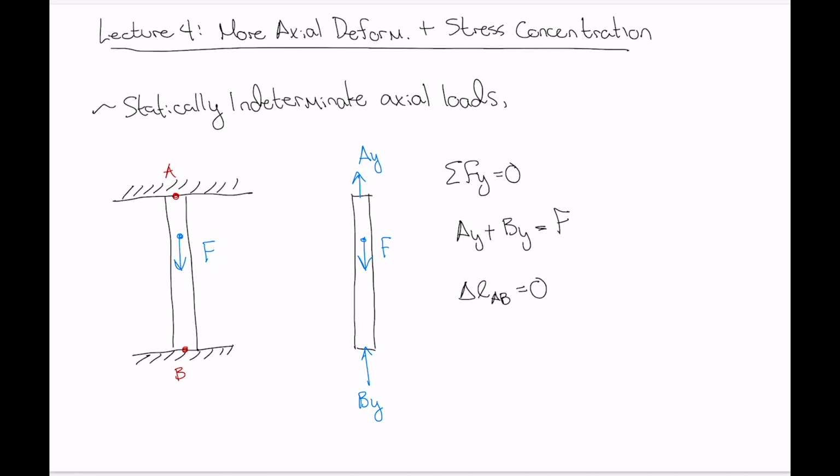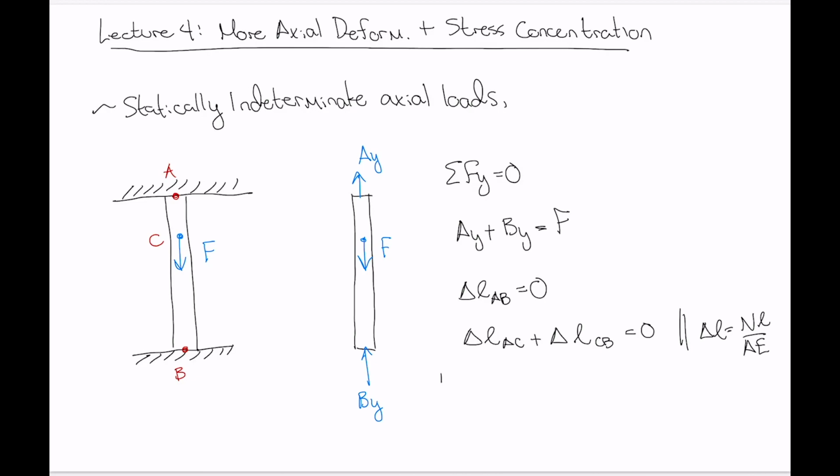And this is one of these cases where we have to apply superposition, so that would be point C. So we could say that the change in length from A to C plus the change in length from C to B has to be equal to 0. And then we expand those two terms out using our equation for axial deformation, which was change in length is NL over AE.